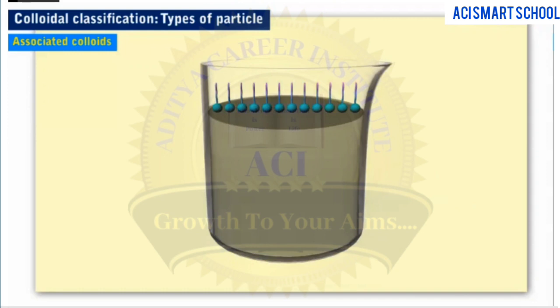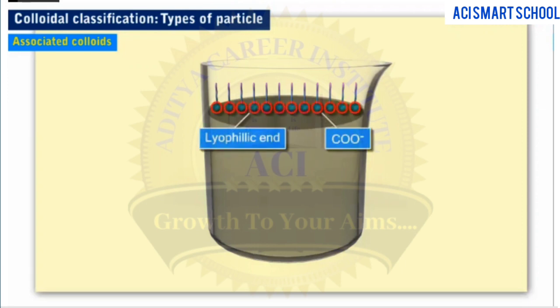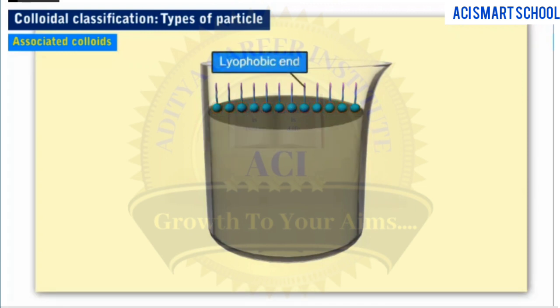These stearate ions remain on the surface of water and orient themselves in such a way that the lyophilic end, COO-, dips in water, while the lyophobic part, the C17H35 part, stays away from it.